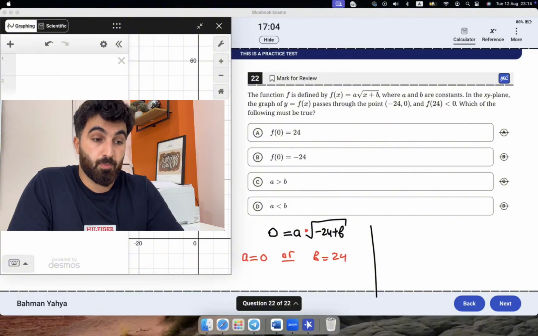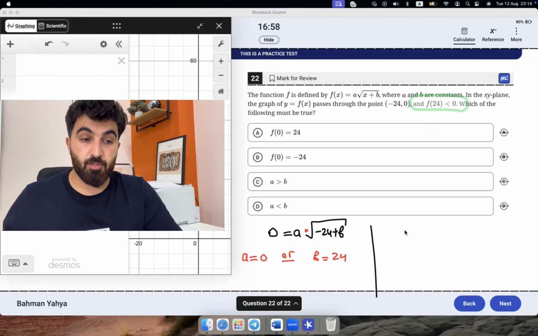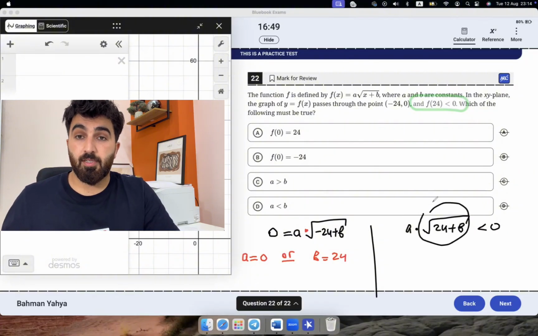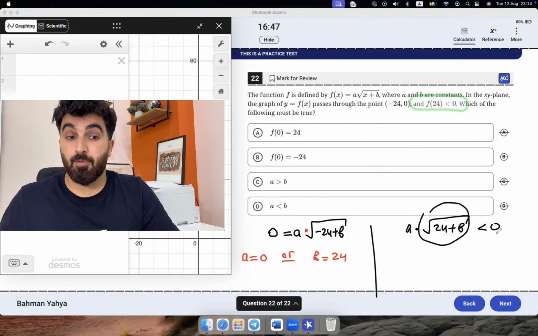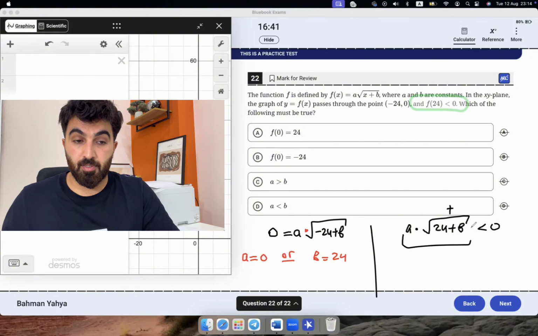Let's check the second one. F of 24 is less than 0. F of 24 is when x is 24. That is a multiplied by 24 plus b, and that is less than 0, right? Look, the square root of something is either 0, which is not possible here because it's not equal to 0, or greater than 0. So if this one is positive and the product is negative, that means a is less than 0.